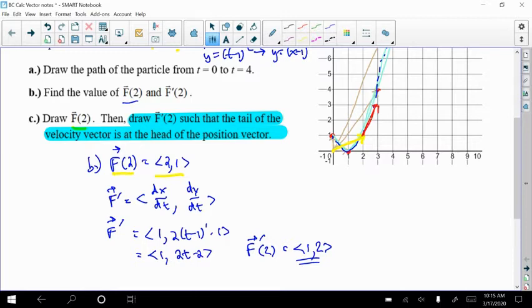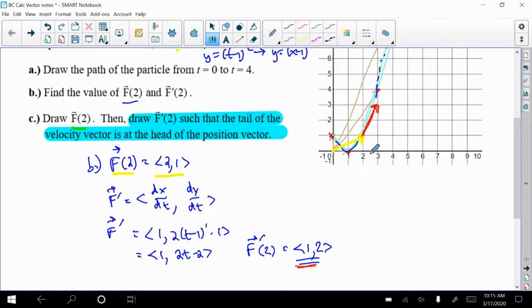So this vector right here is the velocity vector, or the derivative vector, and I just drew it right at the tail of that position vector, tip to tail.